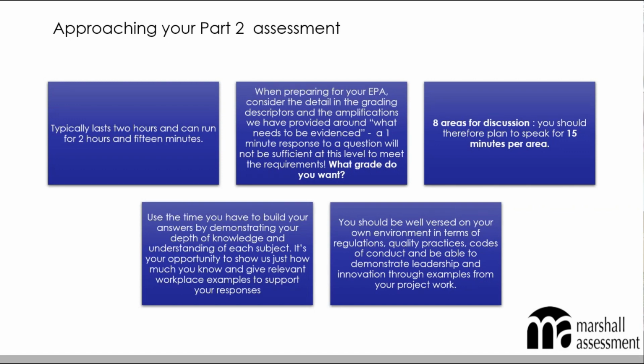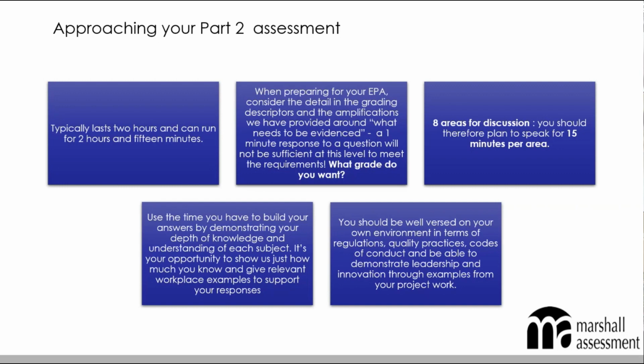So the learners will know the areas they're being assessed on, so they can make notes and bring those notes in with them. But we do expect a full response. What we don't expect for this particular assessment hurdle is a yes or no answer in a professional discussion. What will happen is the independent assessor will initiate the discussion, and then we expect the apprentice to lead from that point onwards. And what we can do here is prompt.